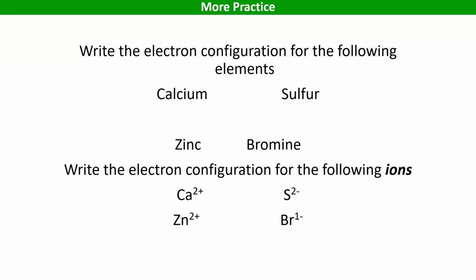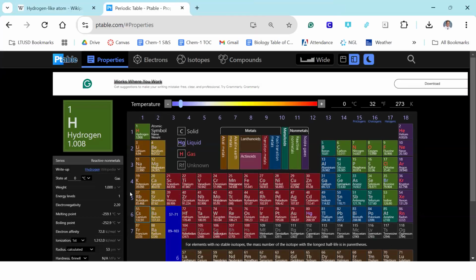And so some periodic tables will actually have the electron configuration on the periodic table. In fact, I think Ptable has a way you can do that. Ptable's great. So in its default, it just looks like that.